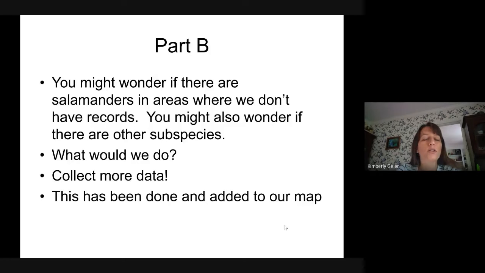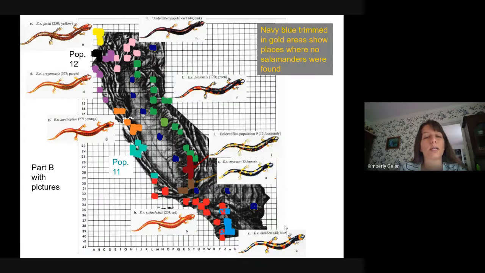Now, you might wonder if there are salamanders in places that we don't have any information on our map. You might also wonder if there are other subspecies besides the colors that are already on the map. So, what would we do? We would collect more data. So, our researcher, Stebbins, has collected more data and we've added this information to our map. So now you can see that there is extra information.